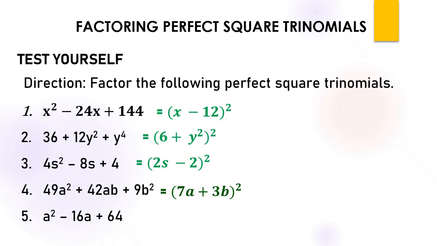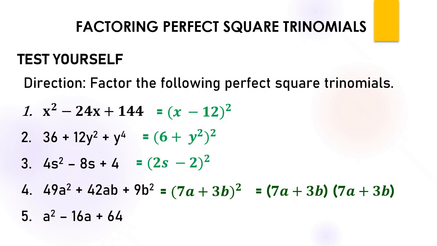Okay? And then to check if this is the correct factor of 49a squared plus 42ab plus 9b squared, let us multiply 7a plus 3b by itself. To multiply these two binomials, we use the FOIL method. So again, what is FOIL? FOIL is first, outers, inners, and last.